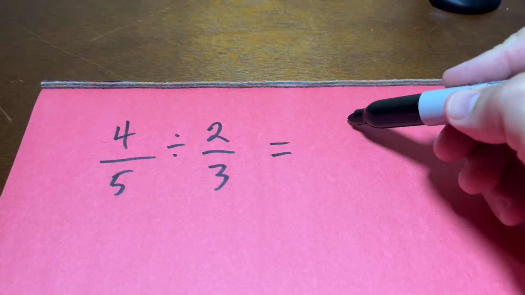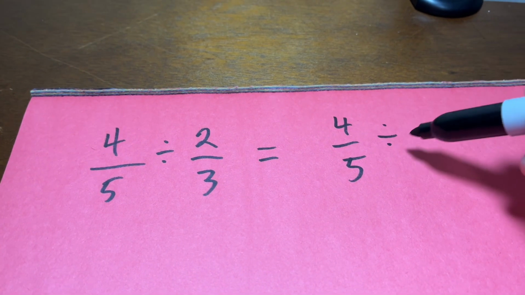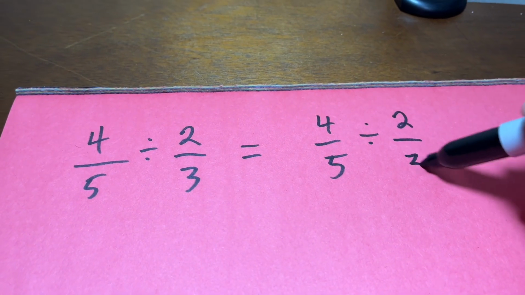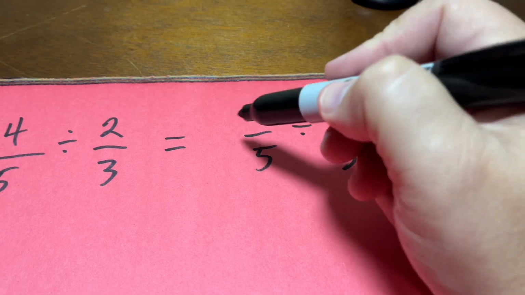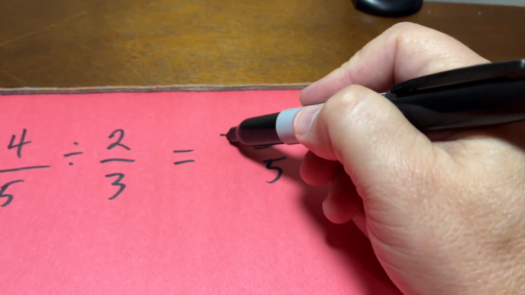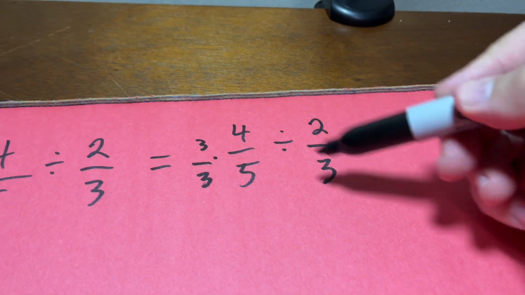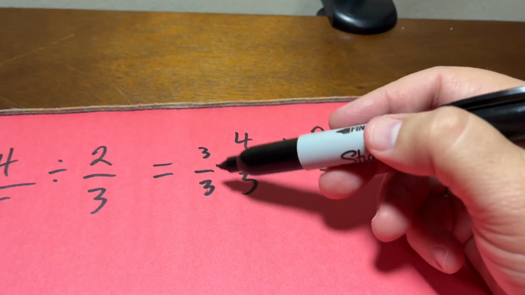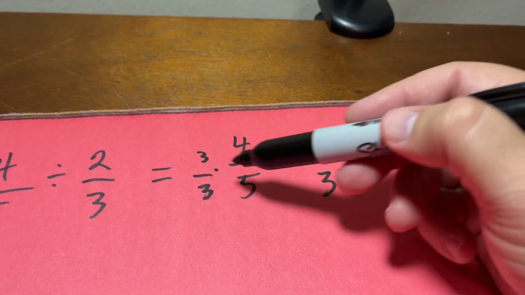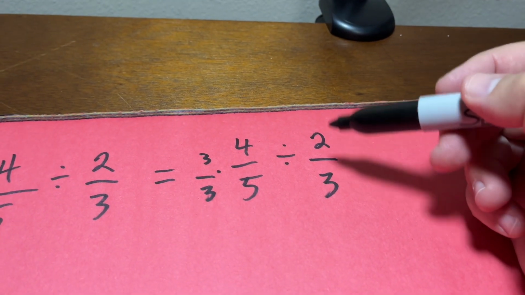And so notice if I were going to do that here, I'd have 4/5 divided by 2/3. To get a common denominator, I'm looking at this 5 and that 3, and I'm noticing that if I multiplied over here by this denominator, on top and bottom, I would be multiplying by 1, so I wouldn't really change the value of this, but I would change the way that it looks.